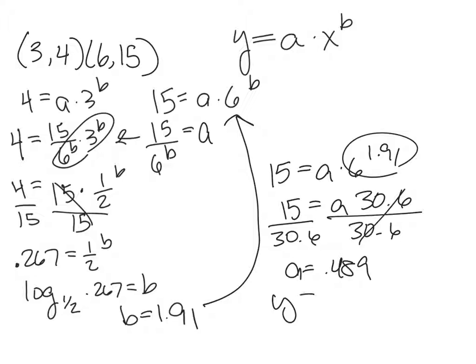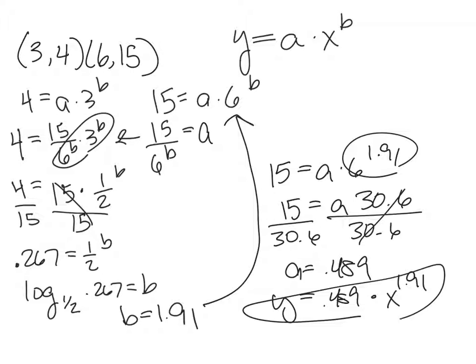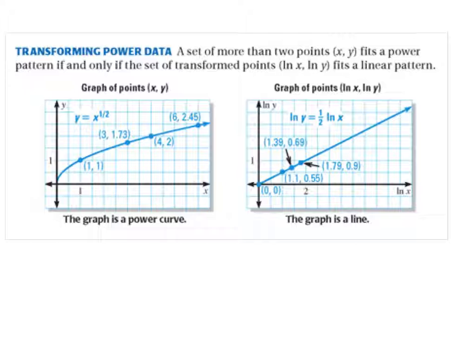So my equation is y equals 0.489 times x to the 1.91. Perfect. Awesome. Let's move on. All right, moving on.